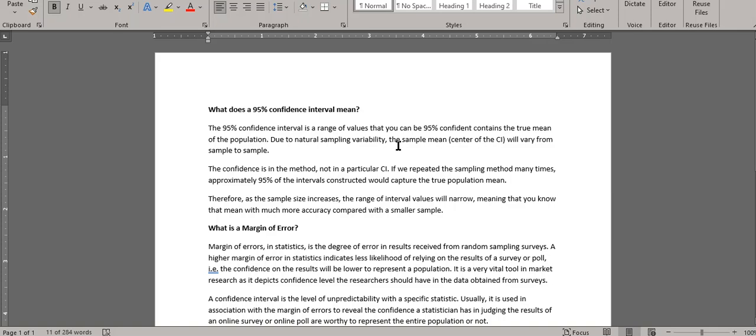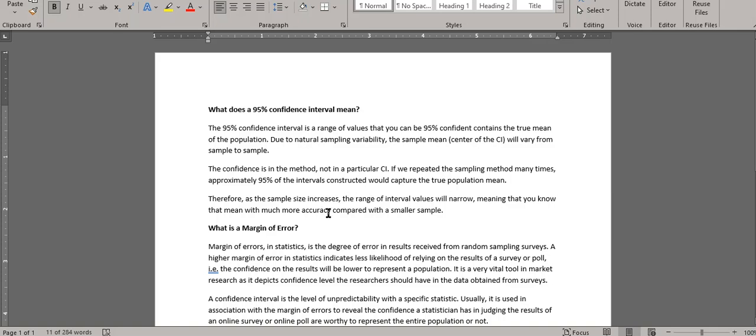Due to the natural sampling variability, the sample mean, the center of the confidence interval, will vary from sample to sample. The confidence is in the method, not in the particular confidence interval. If we repeated the sampling method many times, approximately 95% of the intervals constructed would capture the true population mean.